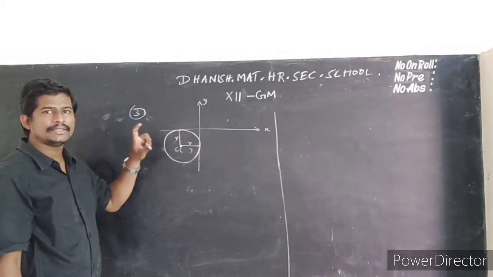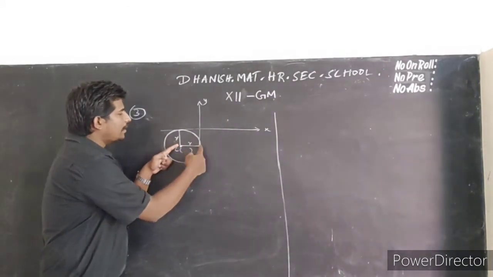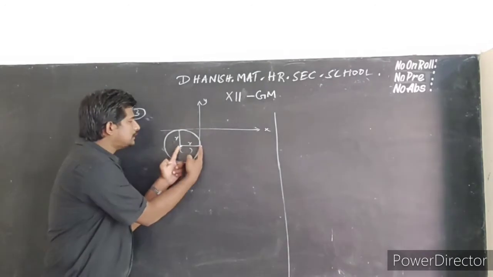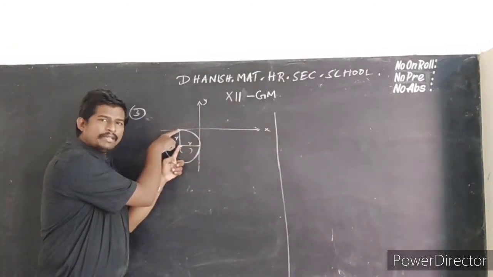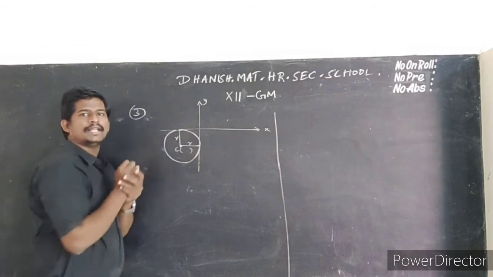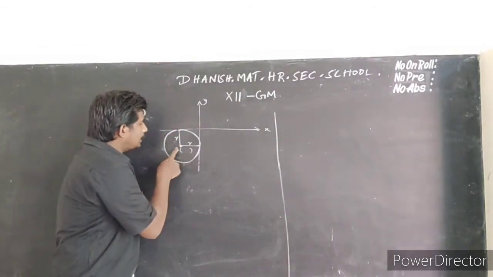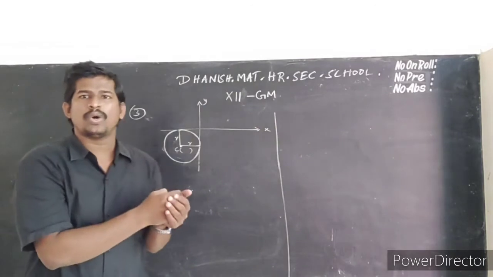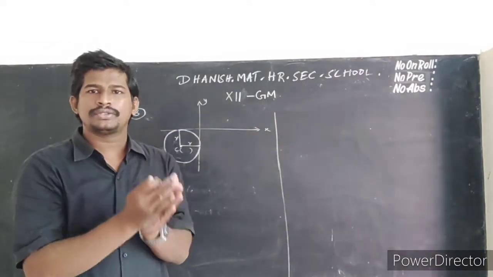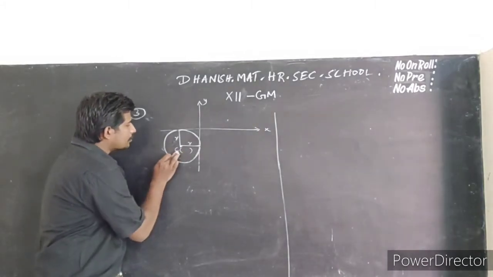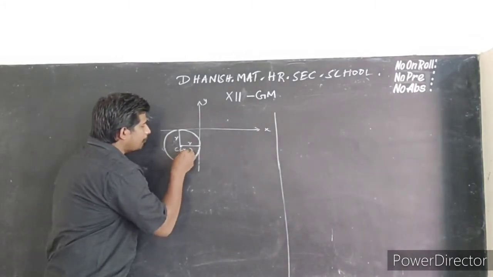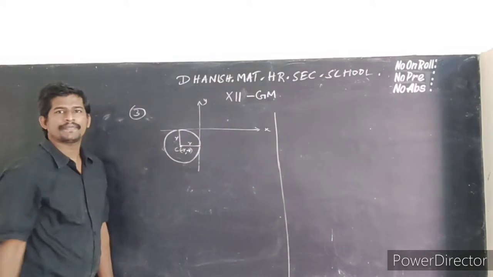As we know, the radius is the distance between the center and any point on the boundary. Here the center lies in the third quadrant, so the coordinates of C should be negative. So the coordinates of C can be taken as -r, -r.